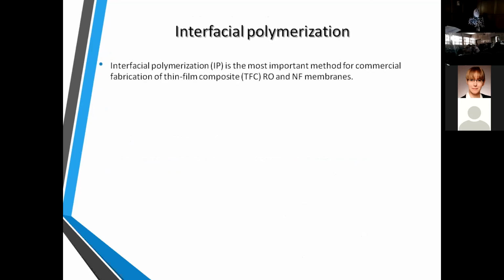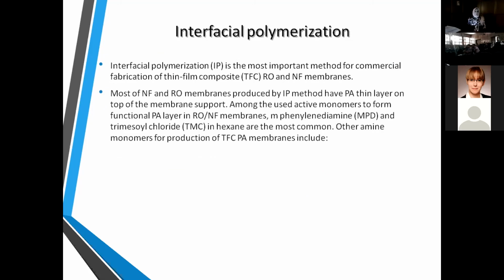Interfacial polymerization is the most important technique in the commercial fabrication of thin film composite layers. It mostly takes place in reverse osmosis or nanofiltration membranes. A commonly used monomer is metaphenylene diamine with trimesoyl chloride.